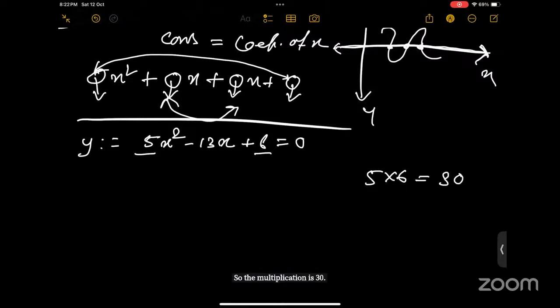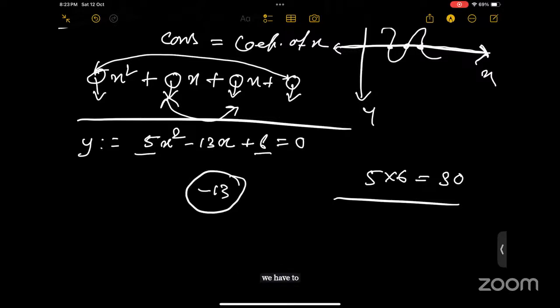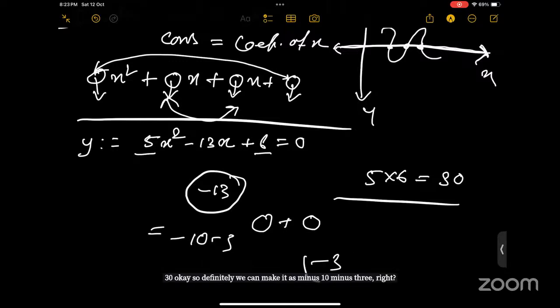So basically, from here, we have to break minus 13 in such a way, sum of such two numbers such that their multiplication become 30. Okay. So definitely we can make it as minus 10 minus 3, right? Then minus 10 into minus 3 will be 30. Okay.